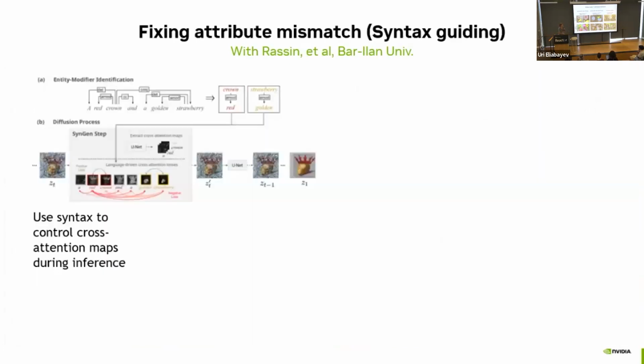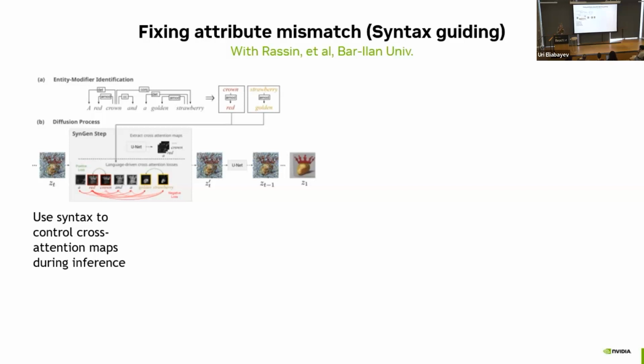And the idea is actually really, really simple. You use the structure of the prompt, right? You can parse it and find the matching, right? If you have a red crown and a golden strawberry, you know that the crown should be red and the strawberry should be golden.